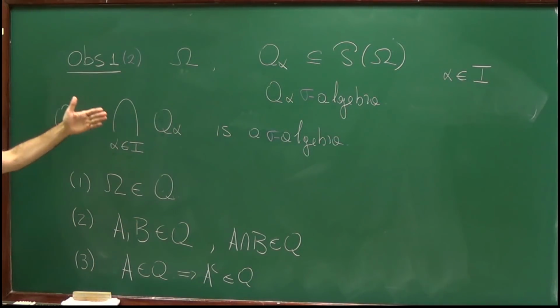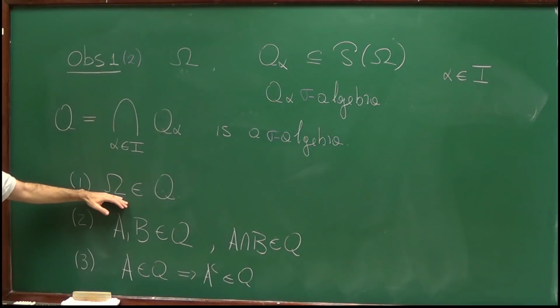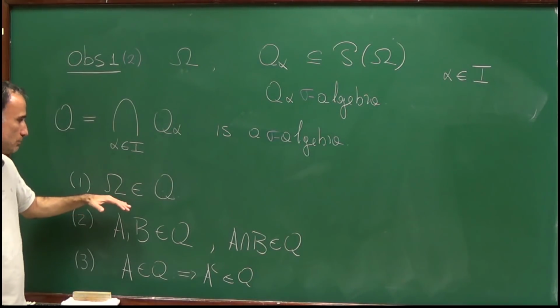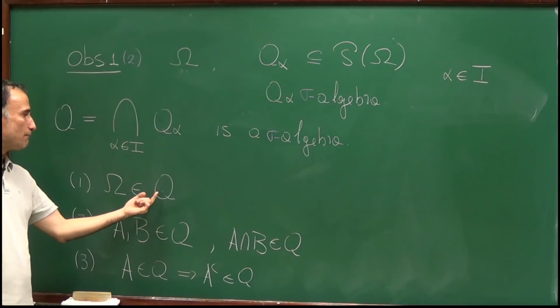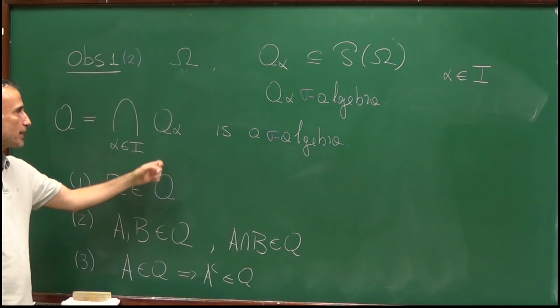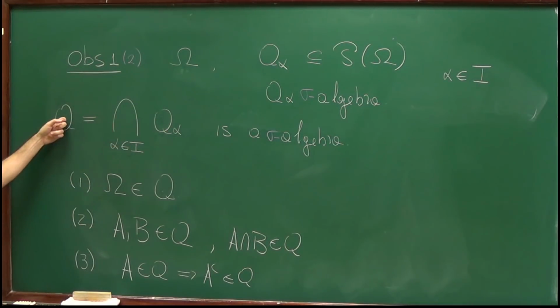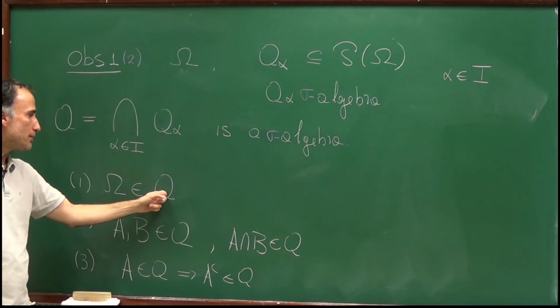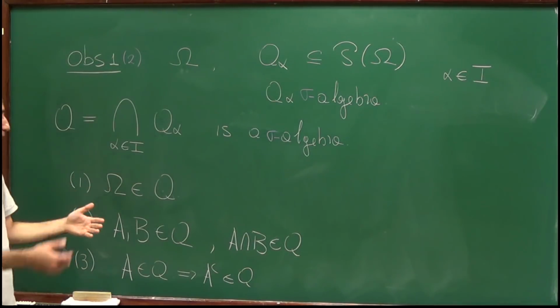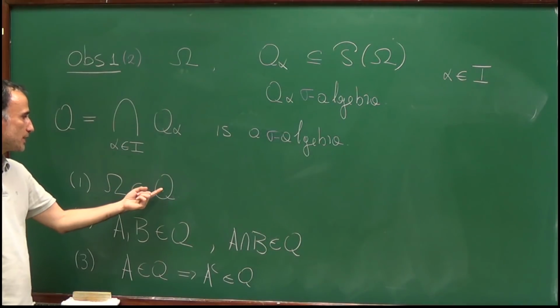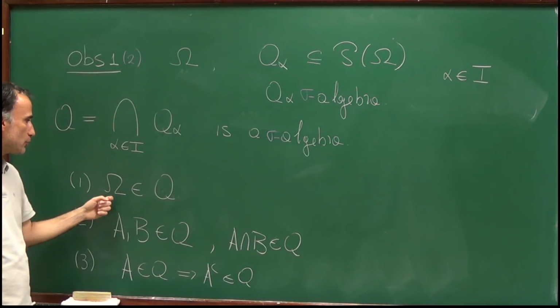Well, let's prove that this intersection is indeed a sigma-algebra. We have to show that omega belongs to A, but we already proved that, in the sense that if A alpha is a sigma-algebra, it's an algebra, and we proved that the intersection is an algebra and therefore omega belongs to A. Or you can just repeat the arguments I used for an algebra to prove that in the case of sigma-algebras, indeed omega belongs to A.